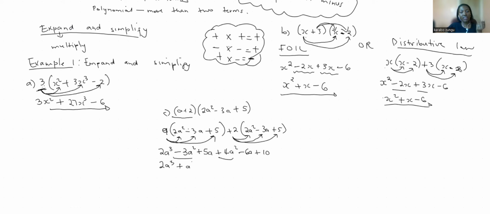Okay? Do we have another like term? Yes, you have another like term. You have A, and here's another A, right? You say, okay, here's my other like term. 5 minus 6, which is going to be a negative 1. Remember, 1 has to be invisible.